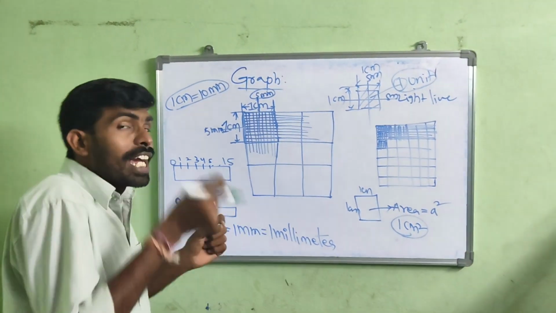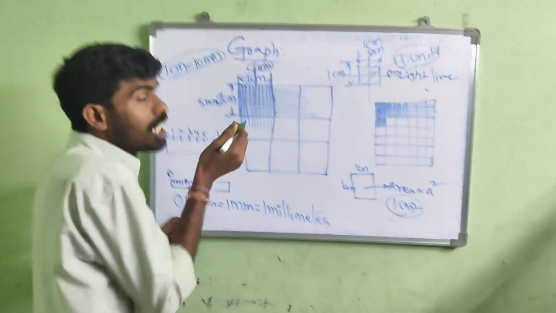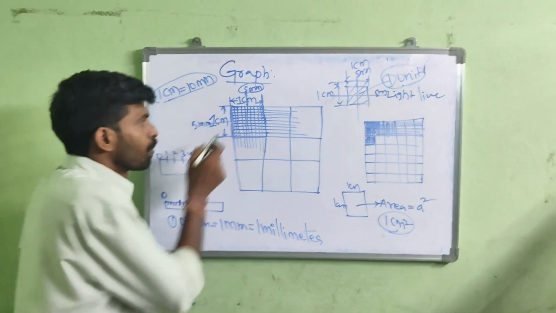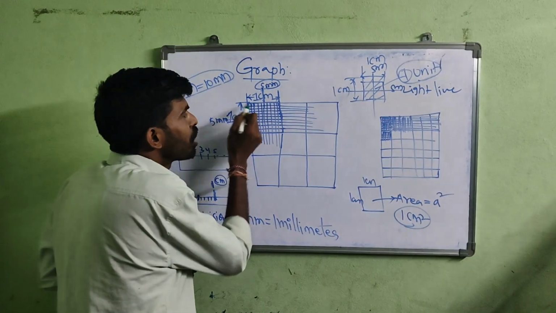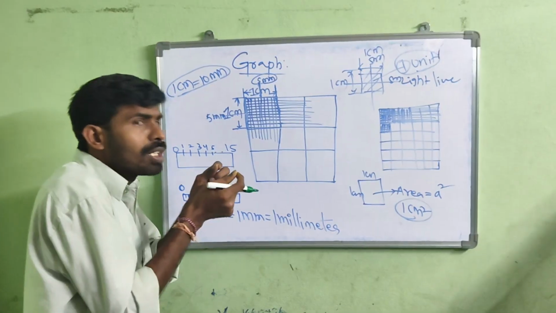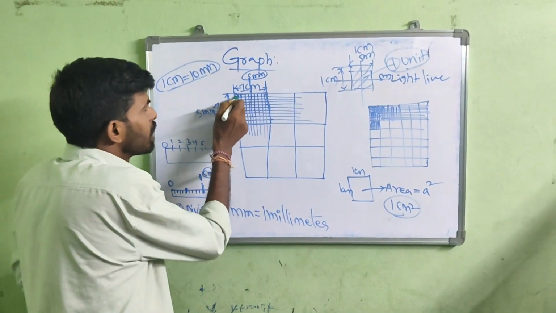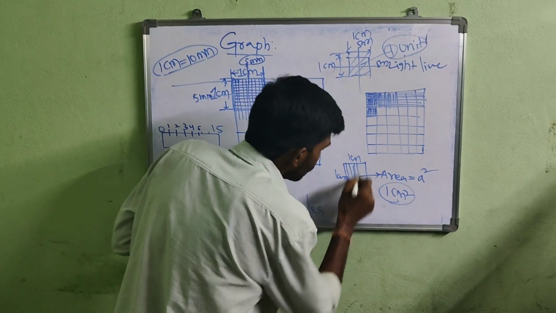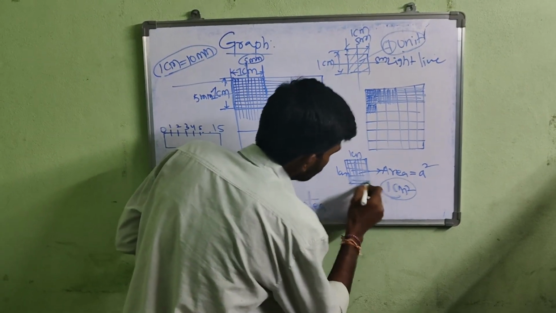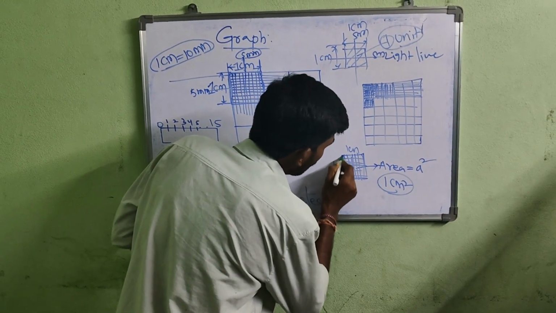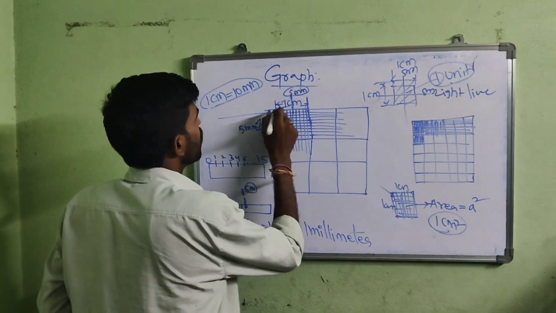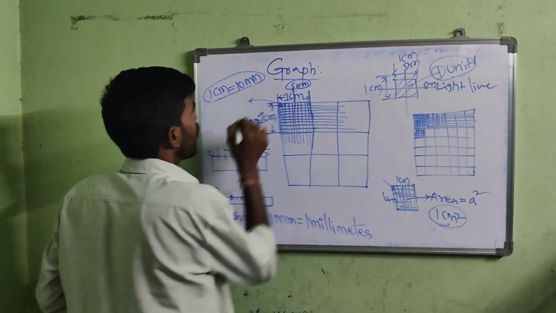And a very minor one, if I take a very small piece in the graph, for example, this one small division, in this we have divided 10 divisions, here also 10 divisions. If I take one division out, what happened?